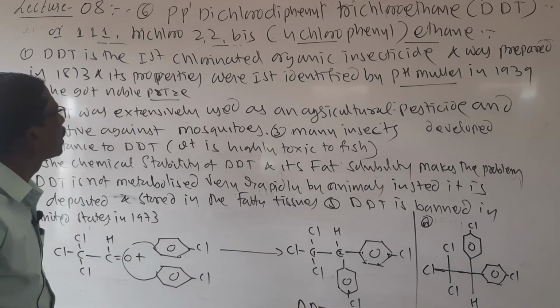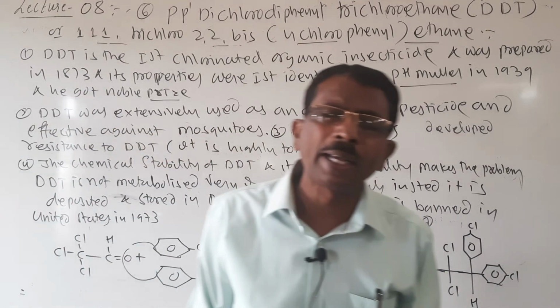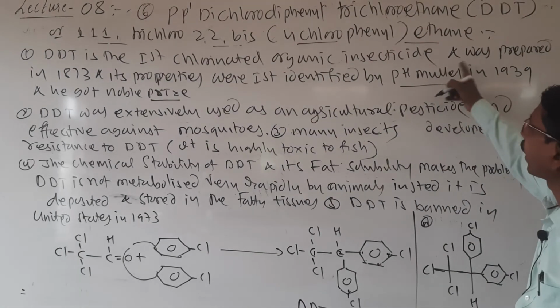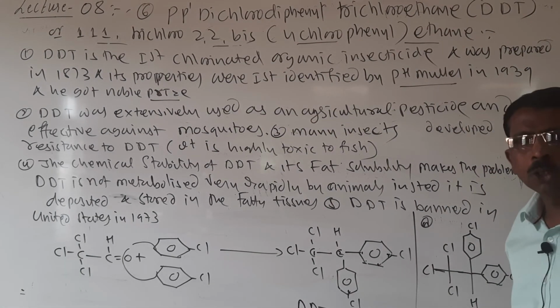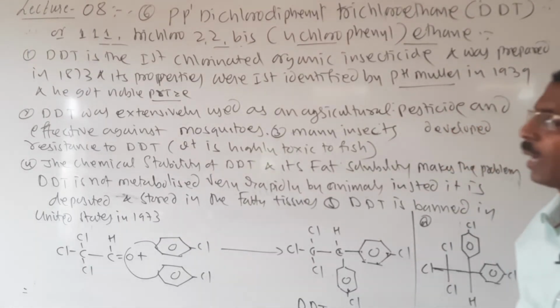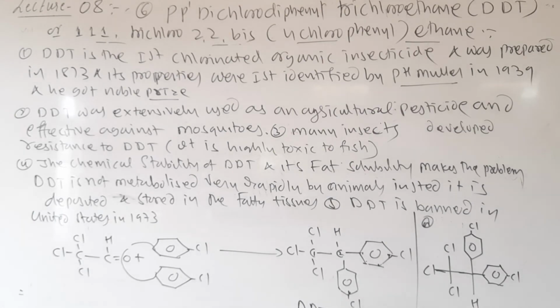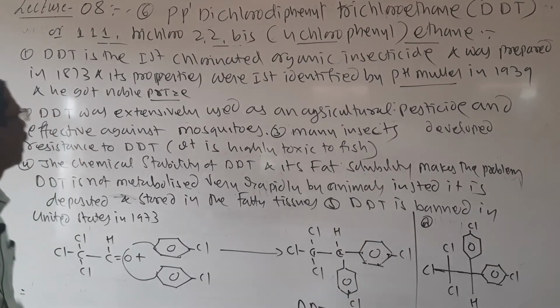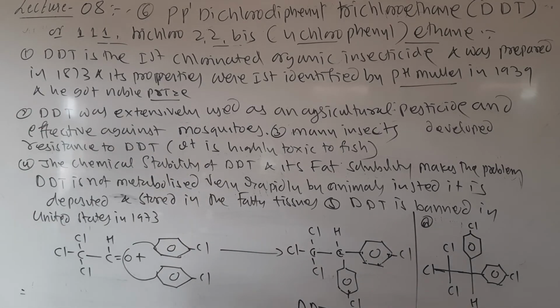This DDT is the first chlorinated organic pesticide, and it is also used as an insecticide. It was prepared in 1873, and its properties were first identified by P.H. Muller in 1939, and he got the Nobel Prize for this.